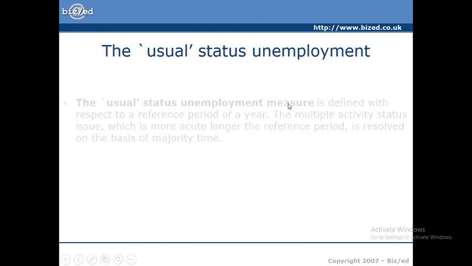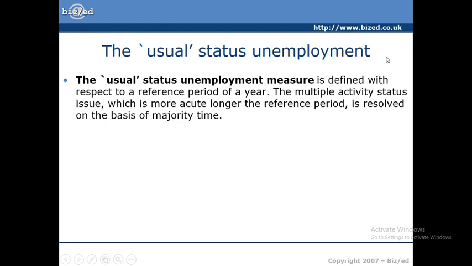So in India we have the usual status unemployment. That is, the usual status unemployment measure is defined with respect to a reference period of a year. The multiple activity status issue, which is more acute the longer the reference period, is resolved on the basis of the majority of the time.